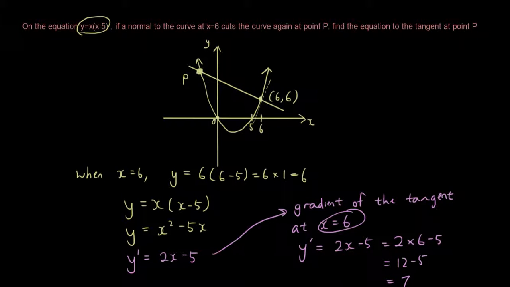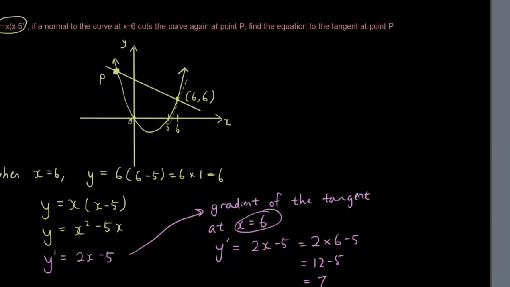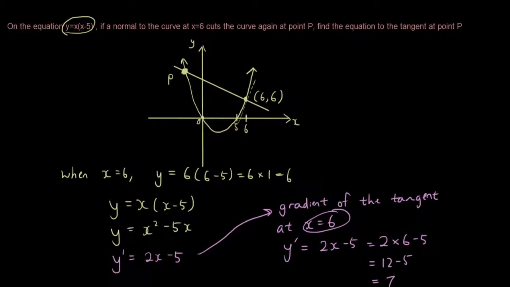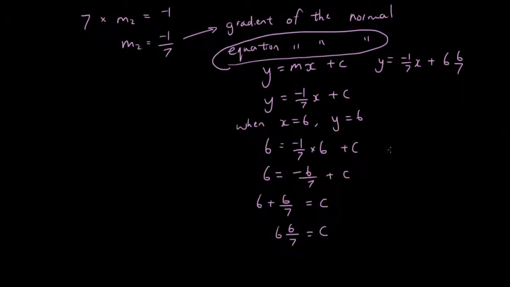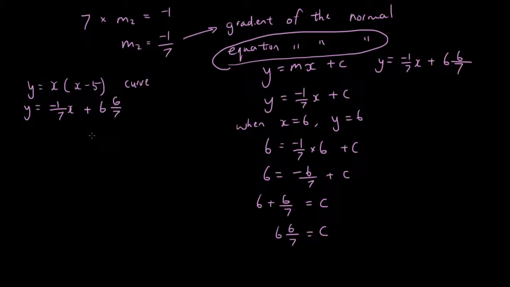We have y equals x bracket x minus 5, that's my curve. And y equals negative 1 over 7x plus 6 and 6/7, that's my normal.